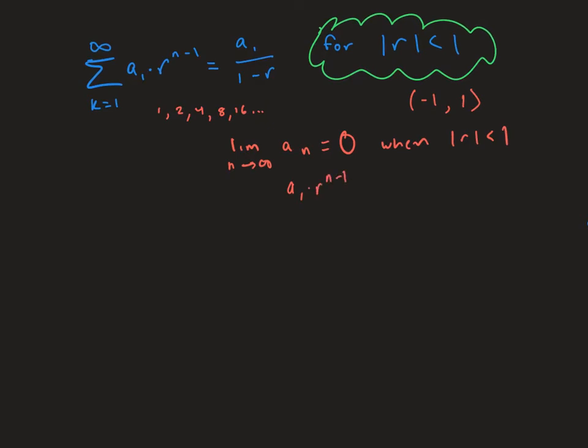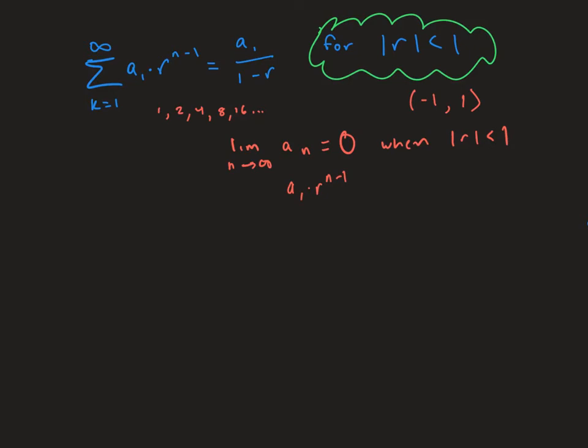When r is less than 1, that means that we can actually write a sub n as a fraction, essentially, where we have on the denominator a very large number that keeps getting bigger and bigger as n increases, which means as n approaches infinity, that term is going to equal 0.